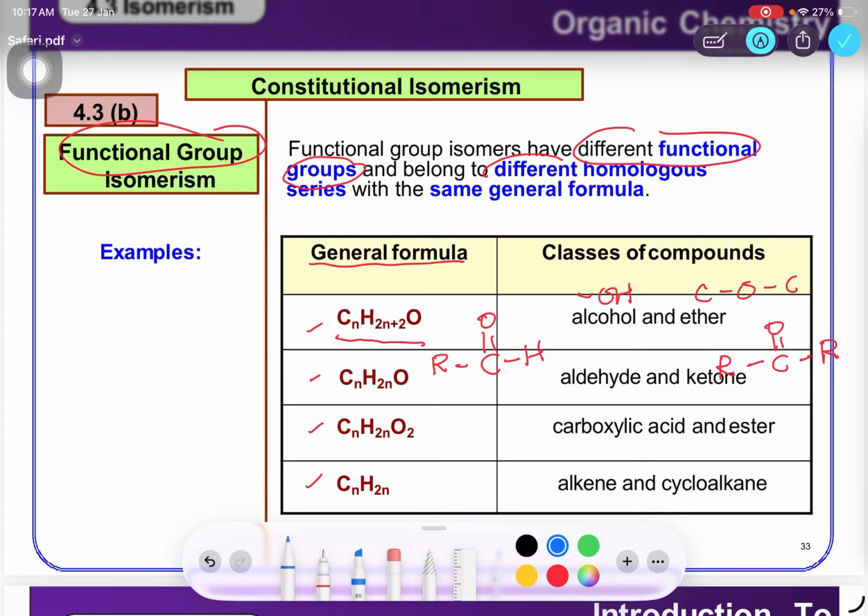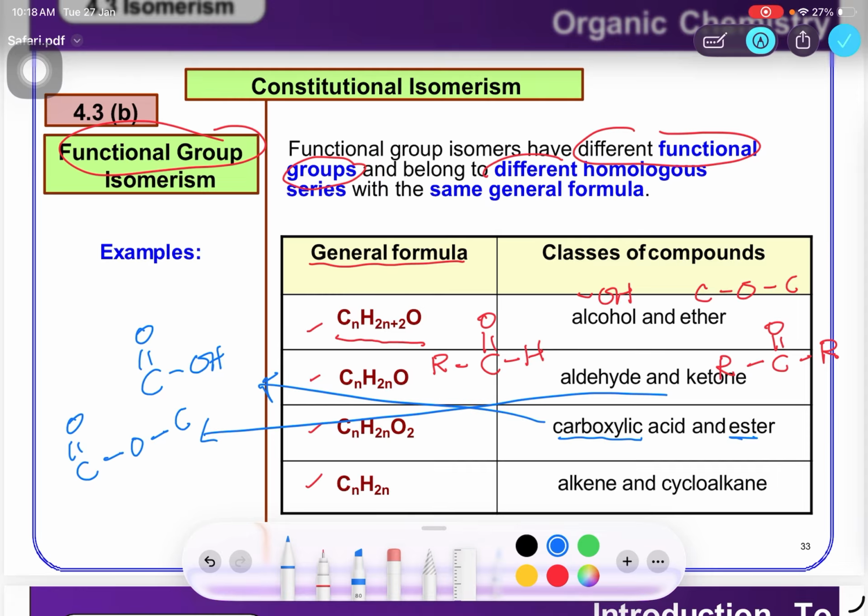So CnH2nO2 is for carboxylic acid and ester. The functional group of carboxylic acid always has C double bond O, OH, while the ester is C double bond O, O, and then attached to C.